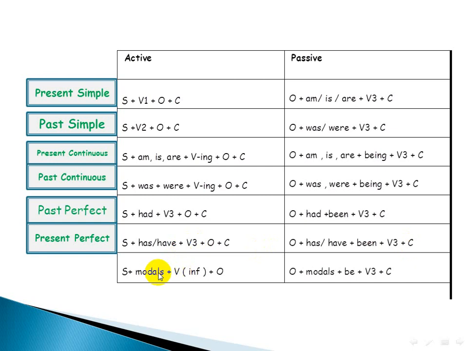And the last one, we have future simple by using modals, such as will, shall, can, must. You have to start with the object, then modals, then be, verb 3, complement. So please memorize these rules and keep them in your mind because they are so useful and so important, especially when you need to change from the active voice to the passive voice.